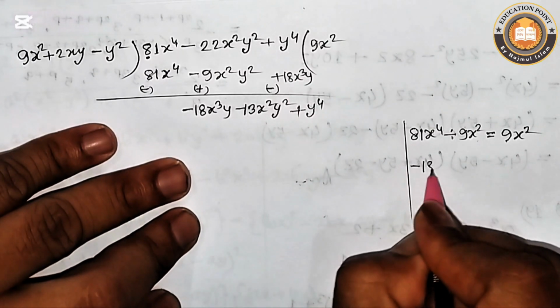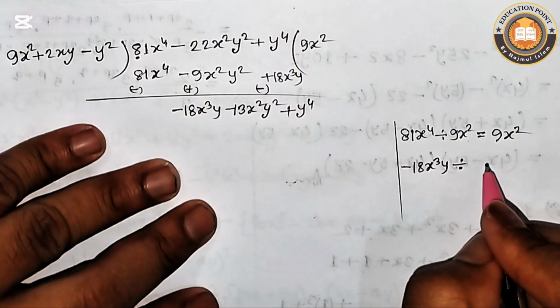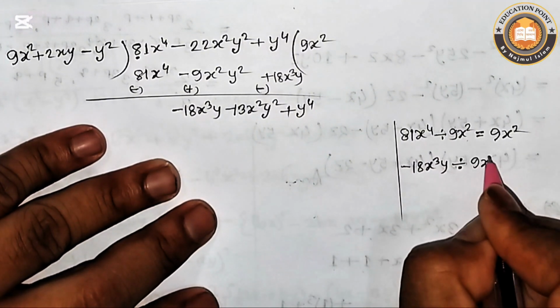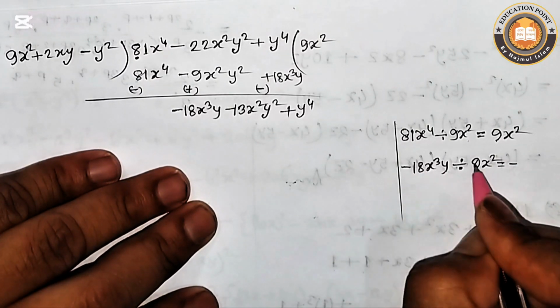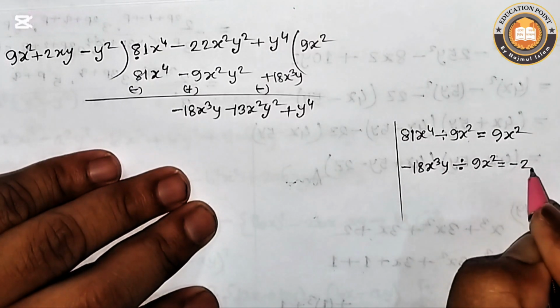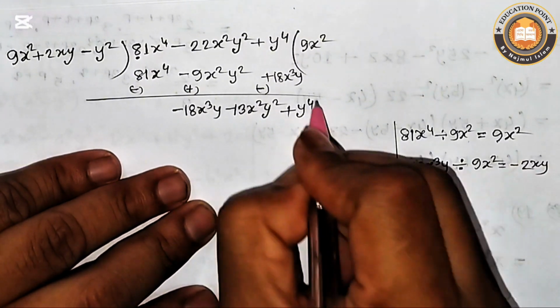Now minus 18x³y divided by 9x² equals minus 18 divided by 9, x³y divided by x² equals xy.